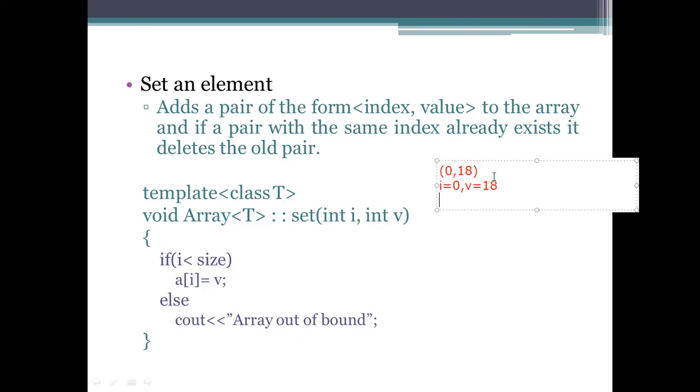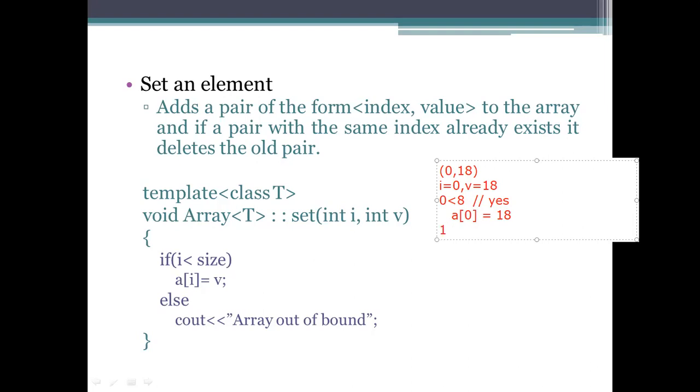First, the value I has to be substituted: 0 less than size, which is 8. If it is yes, what happens here? A of I, that is A of 0, has to be stored with V. V means 18.